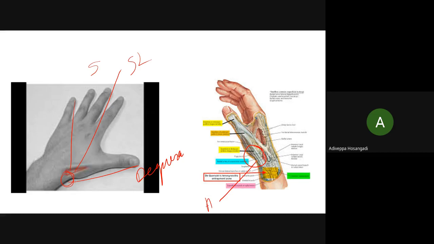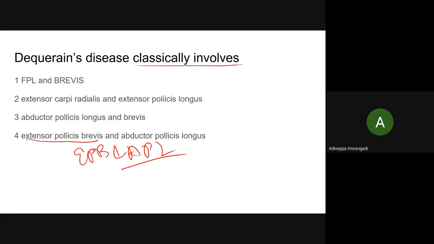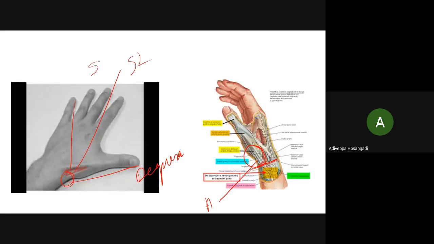There is the extensor retinaculum. If it is thickened here, it is De Quervain, read about the six extensor compartments. De Quervain involves extensor pollicis brevis and abductor pollicis longus.